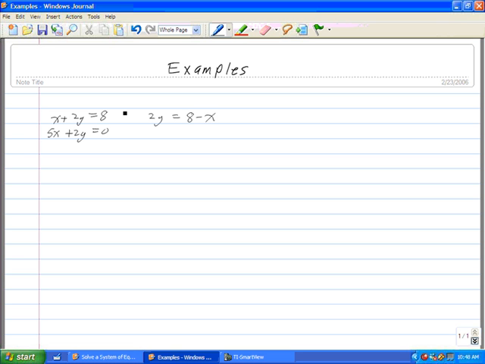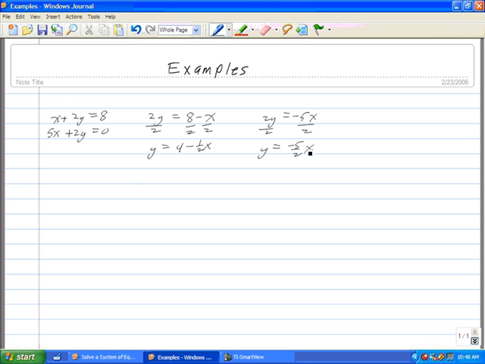I just subtracted x from both sides. Divide by 2. Y equals 4 minus 1/2 x. And on the other one, I got 2y equaling negative 5x when I subtract it over. And I divide by 2, and I get negative 5 halves x.